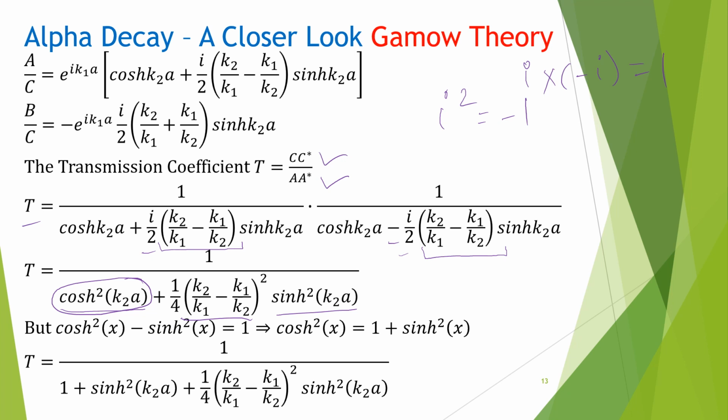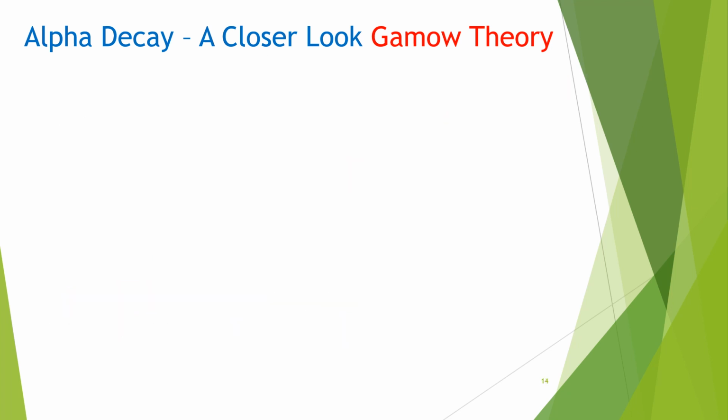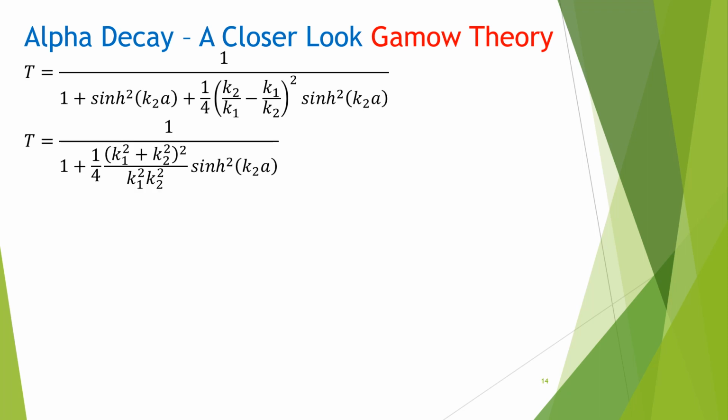Now we shall proceed further. Now I am rewriting the last expression, and here we have sinh square K2A common, and inside the bracket we have 1 plus 1 by 4 times this, and this leads to this kind of expression.